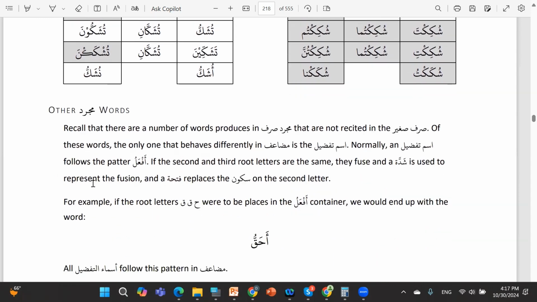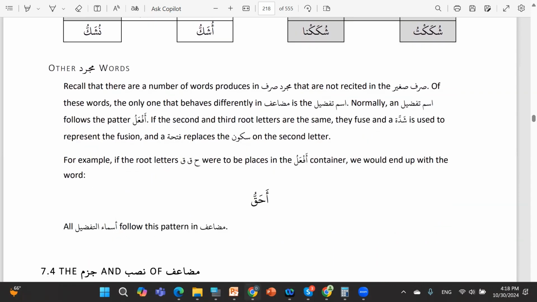Now, one more thing. In Sarf Saghir we specifically learned about Ism Zarf and Ism Ala. There are a number of words produced in Mujarrad Sarf that are not recited in the Sarf Saghir, like Ism Tafdil.